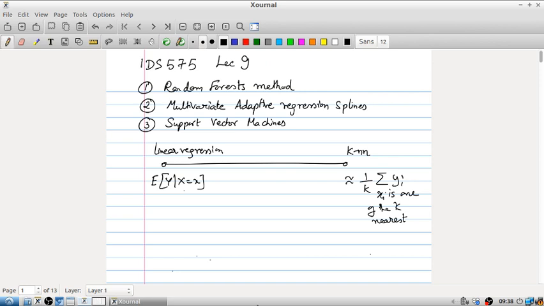In between there are several methods, and these three methods are somewhere in between. The idea is to deal with the curse of dimensionality, but not make really strong assumptions about your regression function. That's the big picture.